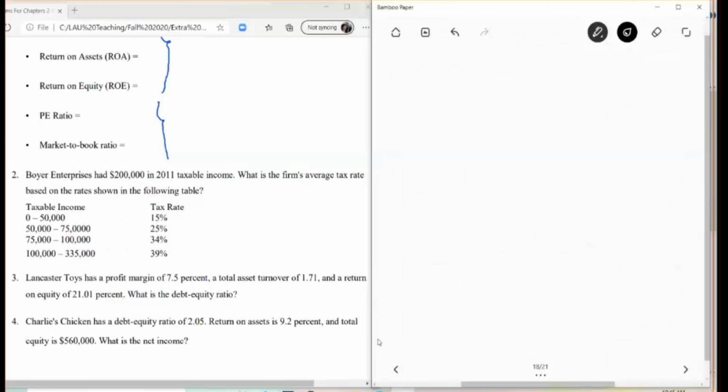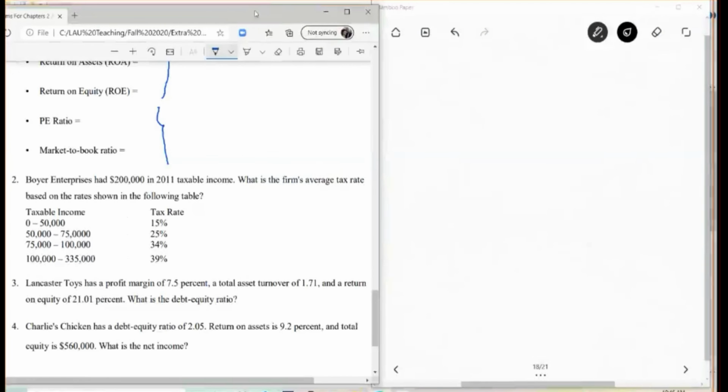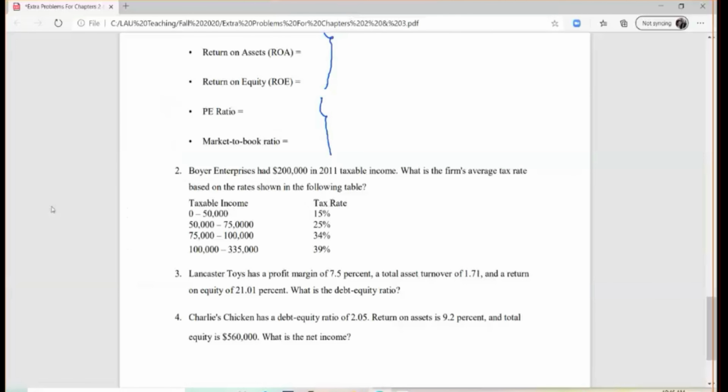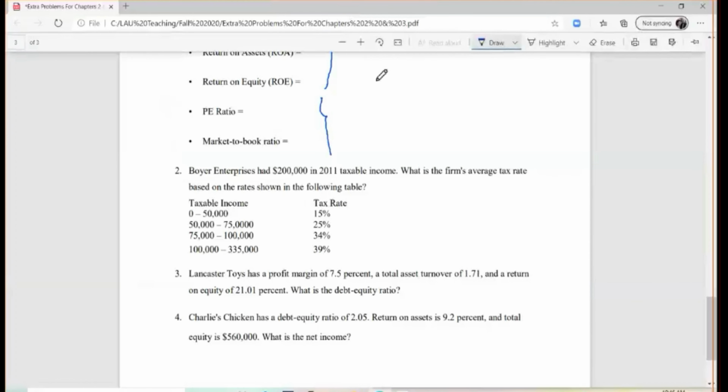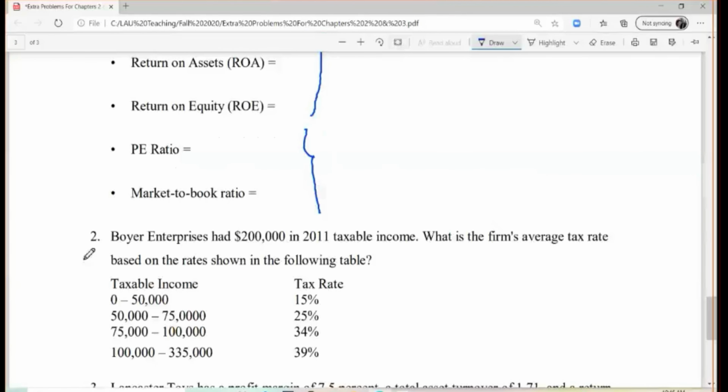So here Boyer Enterprises had $200,000 in taxable income. What's the firm's average tax rate based on the rates shown in the following table? So now what I'm gonna do is the following. Determine which tax bracket that taxable income is within.